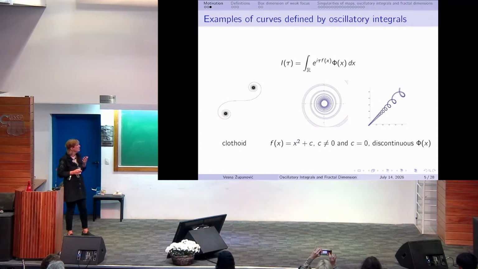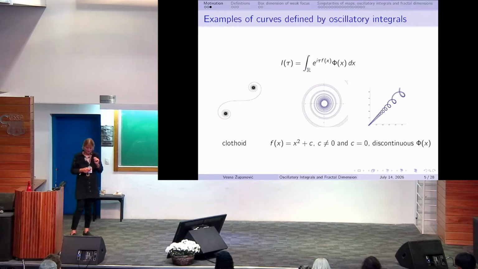Some years ago, we started to study the clothoid. I was at a conference and we just had our first result about weak focus. I met the Bulgarian and French mathematician Vladimir Kostov. Vladimir Kostov told me, have you ever heard about the clothoid? I said, in fact, no.